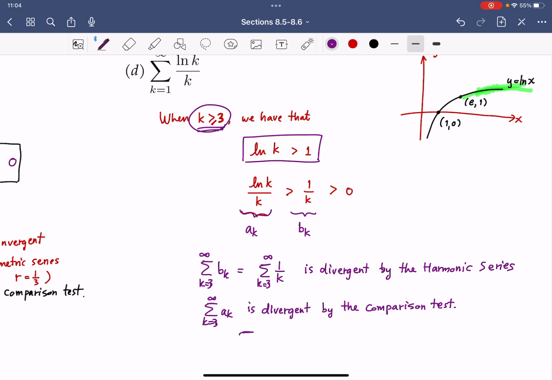But of course, if it is divergent when k starts from 3 to infinity, k starting from 1 to infinity is going to be divergent as well, because this is a1 plus a2 plus the summation of a subscript k, k starting from 3 to infinity, so this is also divergent.